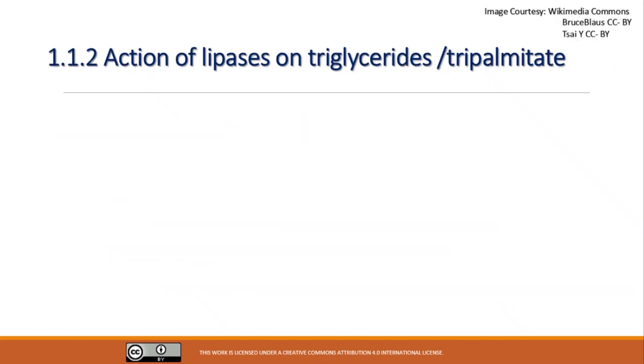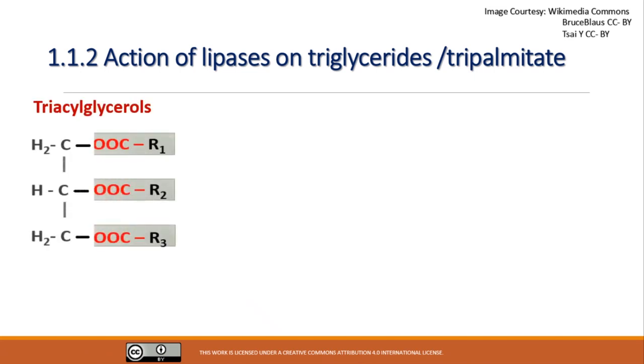What are triglycerides? In the previous videos, we understood that triglycerides or triacylglycerols are glycerol molecules esterified to 3 fatty acid groups. And one more important thing that we learned was triglycerides are absent in prokaryotes.